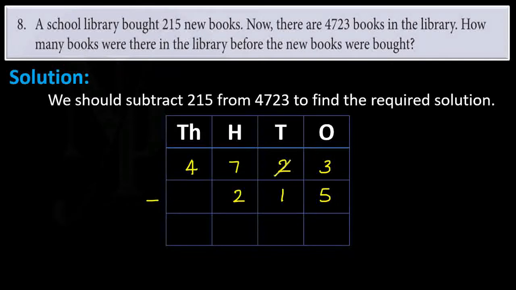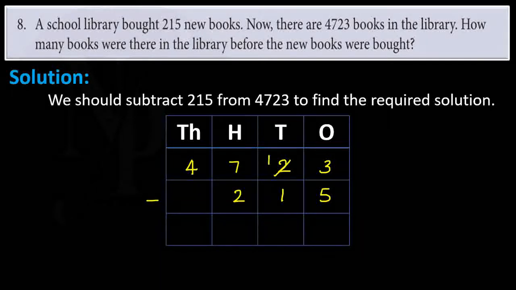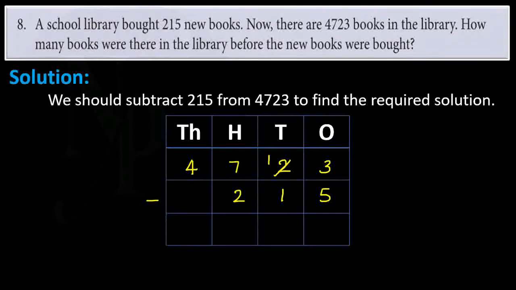Here this 2 tens becomes 1 ten, and we will borrow 1 ten to the ones place, and now it becomes 10 ones plus 3 ones, together it becomes 13 ones. Now subtracting 5 ones from 13 ones, we get 8 ones as difference.